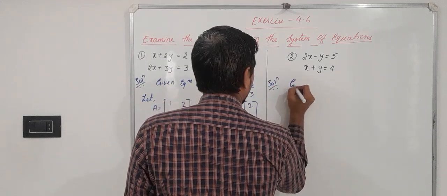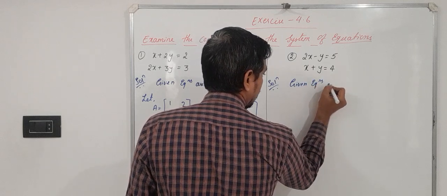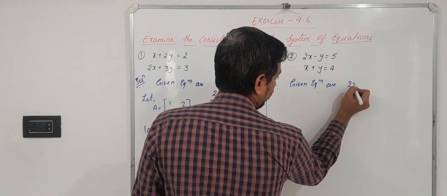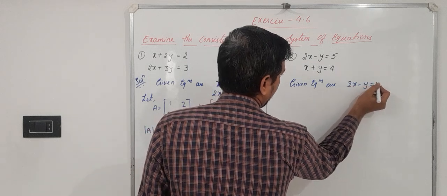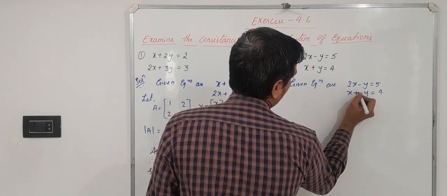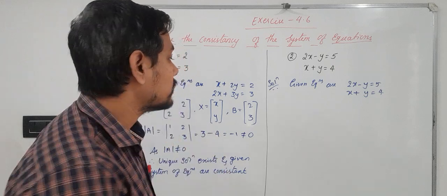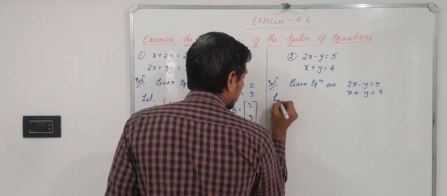Given equations are 2x minus y is equal to 5 and x plus y is equal to 4. These are the given system of equations. Okay, so what is A here?